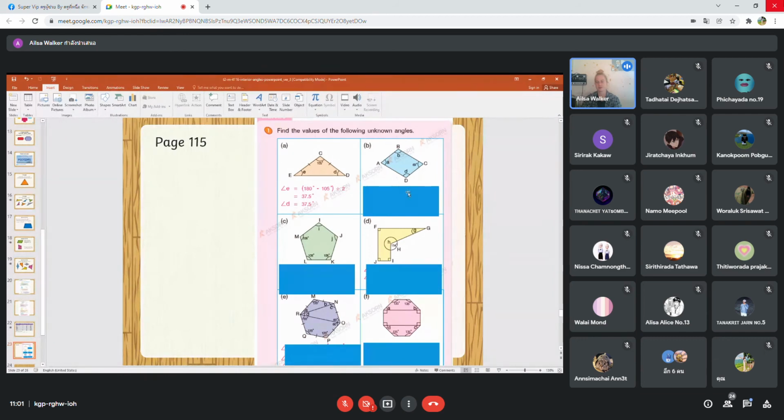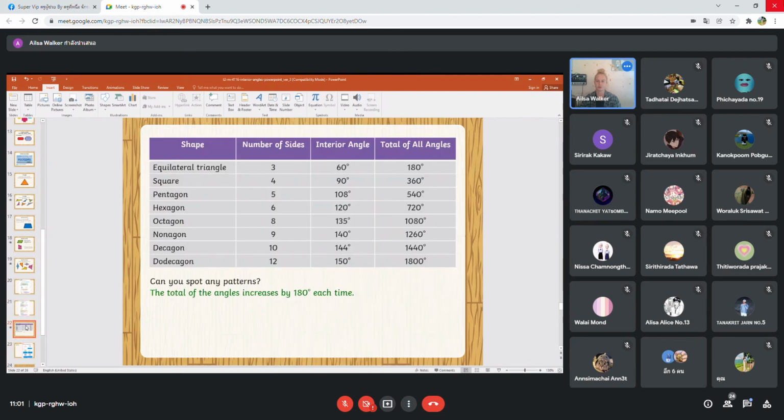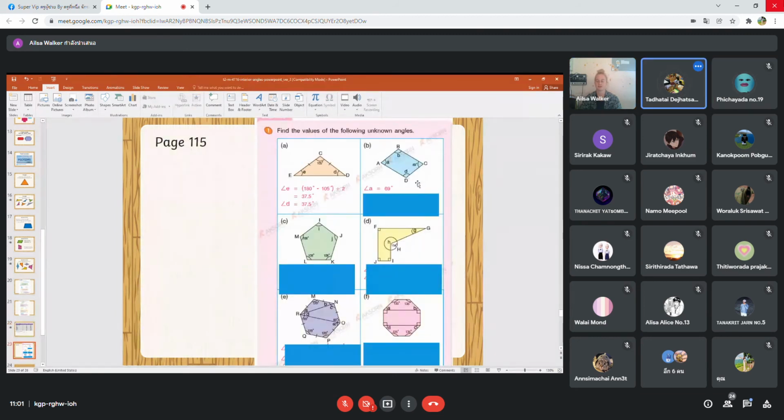B, okay, let's do it together. B, we need to find the missing angles. The angle we have is 69 degrees. Okay? In a quadrilateral, all the angles add to 360. Yes?